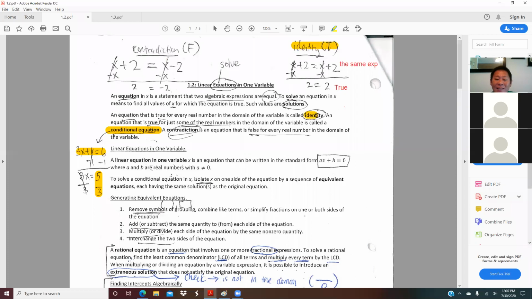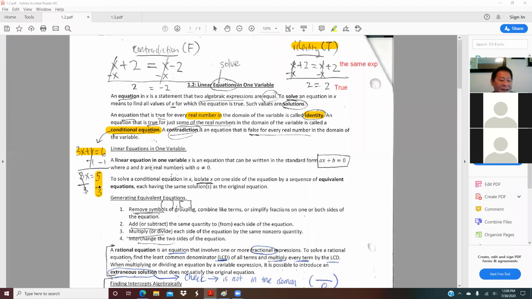And what does identity mean? Identity means that your answer is all real numbers. Okay, that means that last time when you do your equation, you get 5/3. You plug 5/3 into your x, and you evaluate this. You get 6. This is usually what you guys do, right? You check your answer.